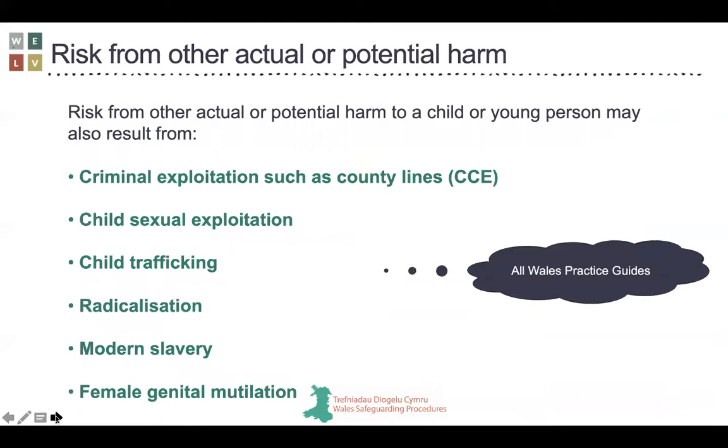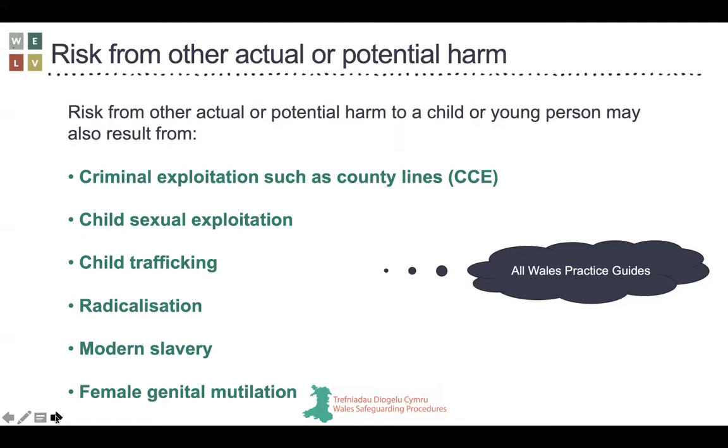And finally, the procedures also refer to risks from other actual or potential harm to a child or young person, which may result from any of the following: criminal exploitation, child sexual exploitation, child trafficking, radicalisation, modern slavery, and female genital mutilation.